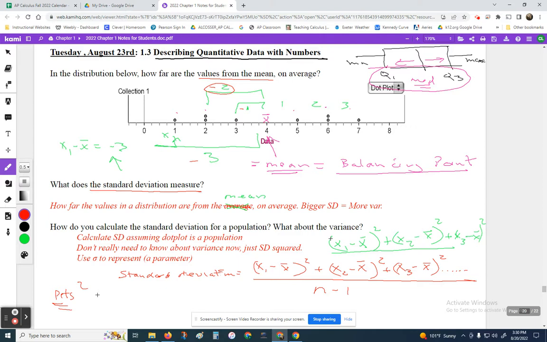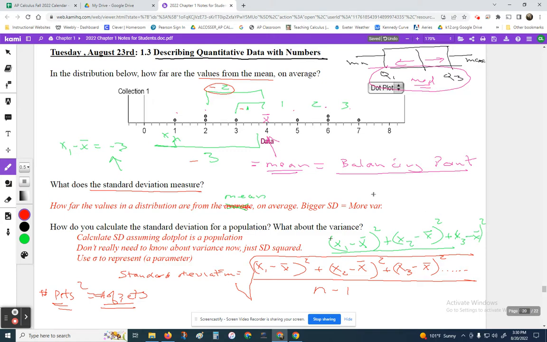That doesn't make any sense whatsoever. So when we deal with standard deviation, we just take the square root of our answer, which takes care of that. Now it's no longer the number of pets squared, it's the number of pets. So we take the square root to bring it back to the correct units.